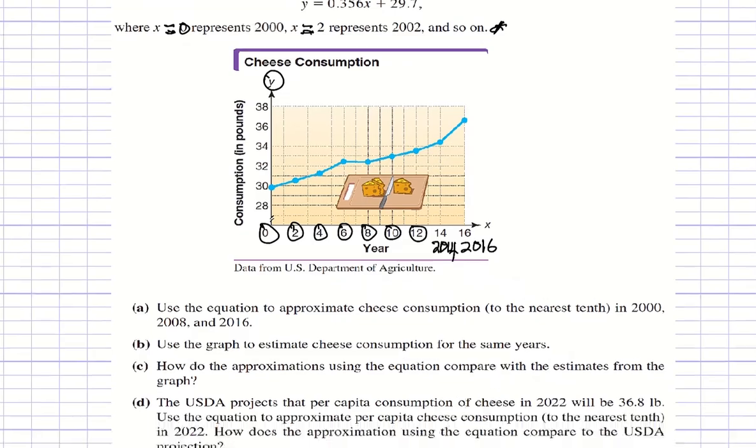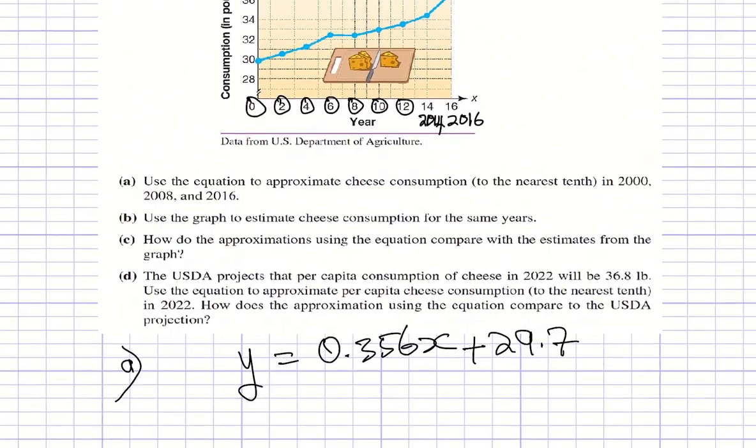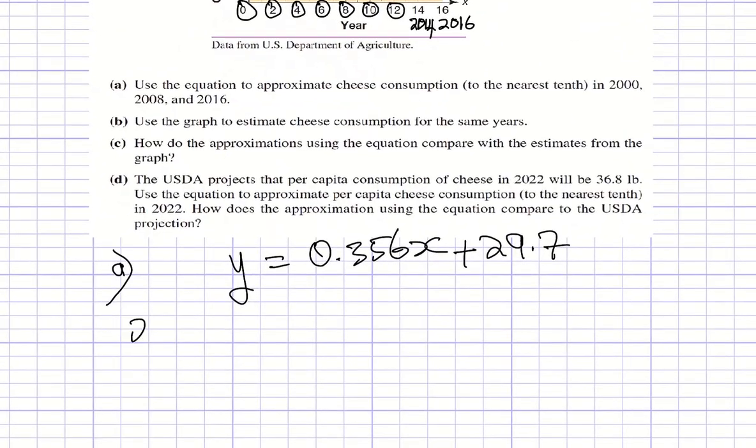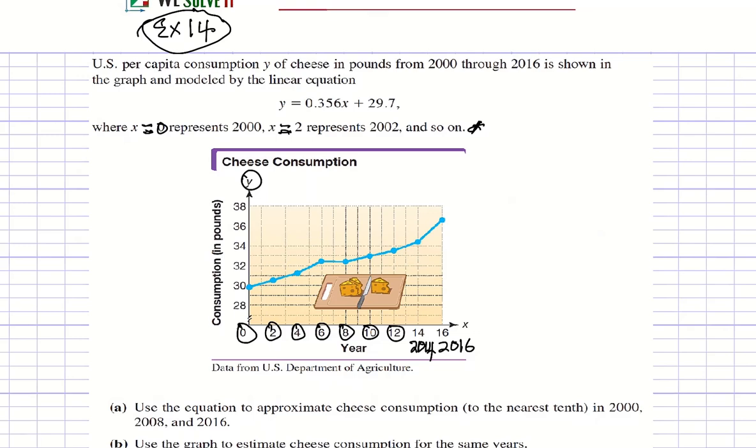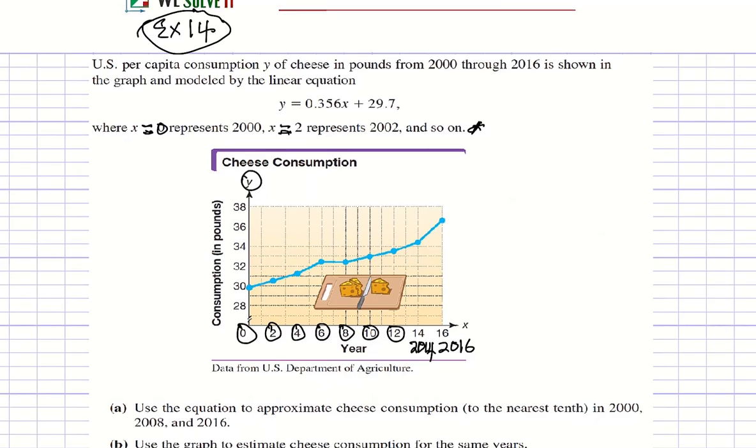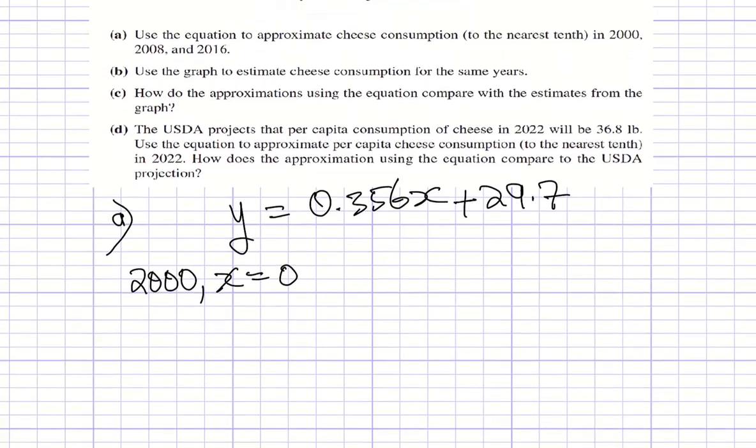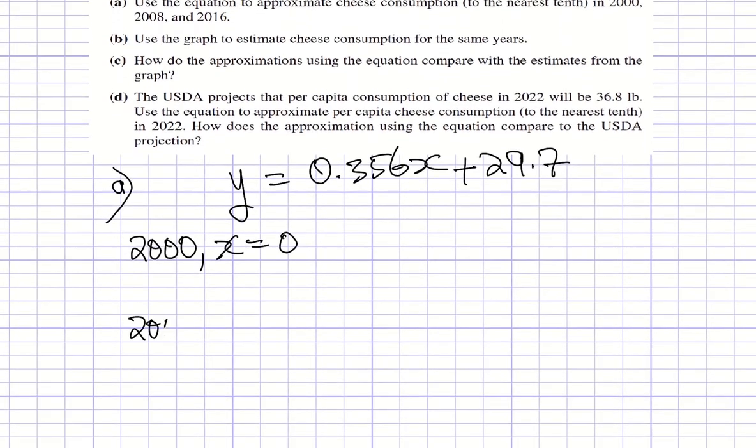Alright, so for part A, for 2000, x equals 0. For 2002, x equals 2.